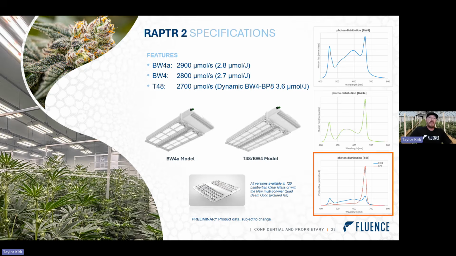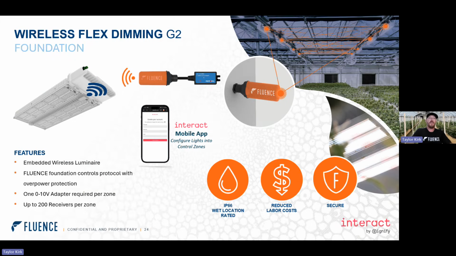So I mentioned the wireless control. We have integrated wireless ability, which is going to save money on installation costs from electrical, no electrical wiring needed anymore. We are able to integrate with something like TrolMaster or a simple controller that Fluence offers, the Shift, which has two-zone control, which would allow a very basic control of this T48 fixture.